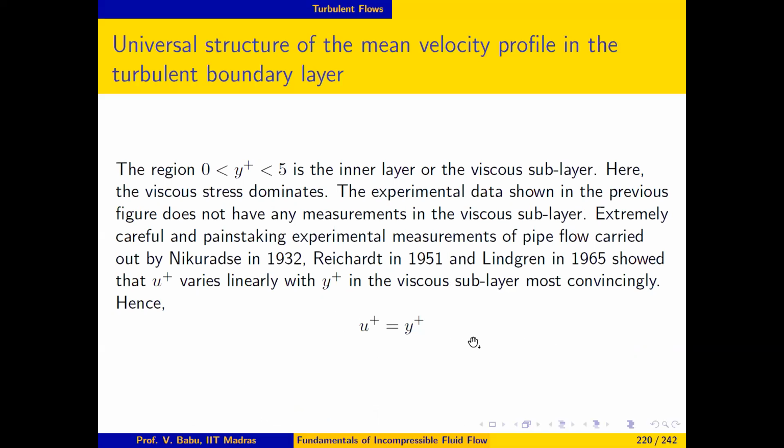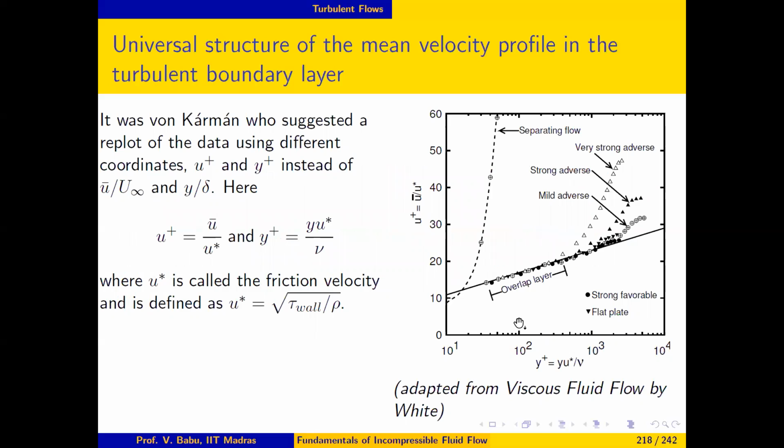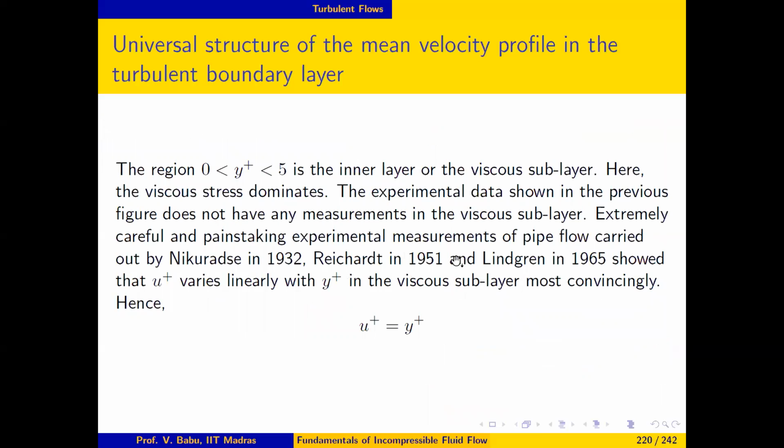So we can summarize our finding so far by saying that for external flow, that is boundary layer flow, with different pressure gradients and for different Reynolds numbers, the overlap layer shows a universal structure with logarithmic velocity profile, and the inner layer also shows a universal structure with a linear velocity profile, and there is no universality in the outer region in the case of external flows. Now let us turn to flow through pipes.